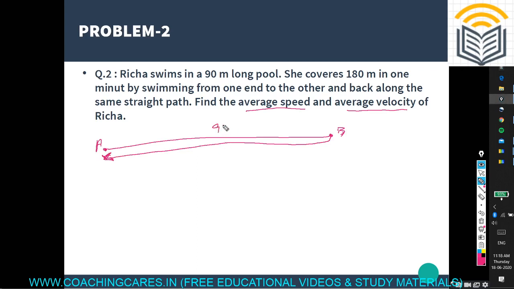So this whole distance is 180 meters and the time taken is 1 minute, which is 60 seconds. Okay. Now this travel is along a straight line. So we have to calculate the average speed of the whole journey. So number one, we'll calculate the average speed.